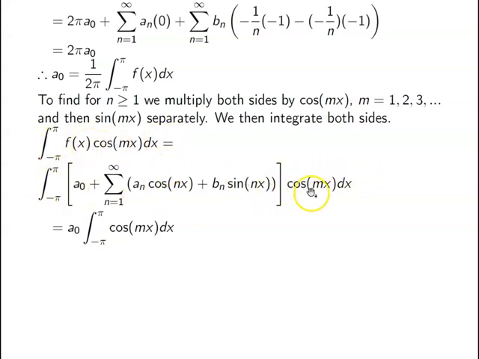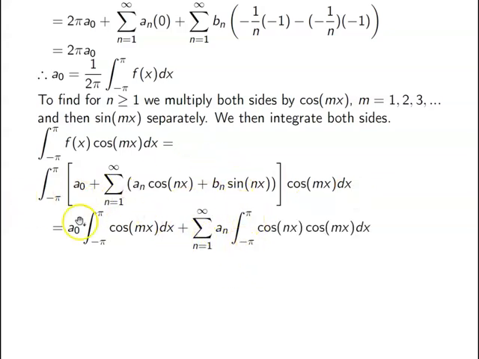So when I distribute this cosine in, a naught is a constant, so I can pull it outside of the integration. I have cosine m of x. Here, we already saw what we are allowed to do with this integral. So I'll have the integral of the sum of a_n cosine n of x, cosine m of x. And the same thing with the sine part.